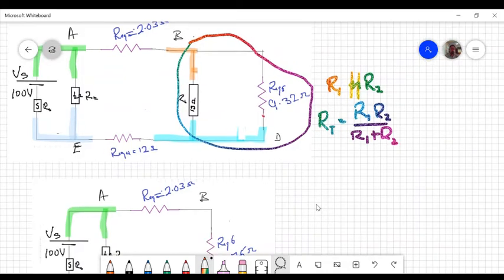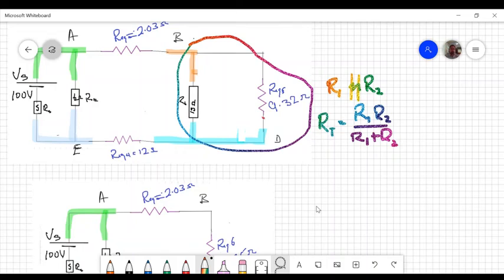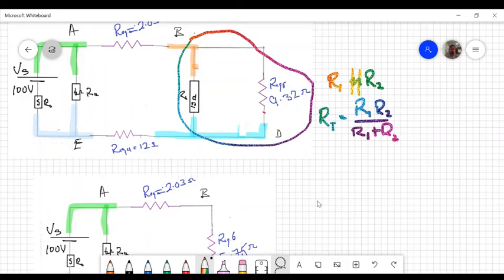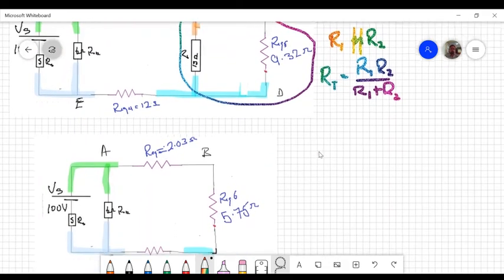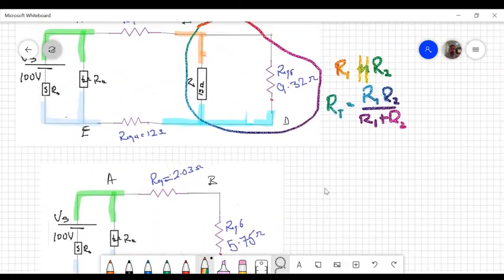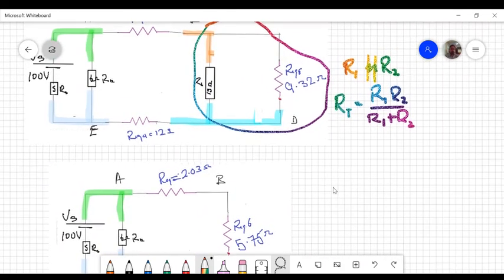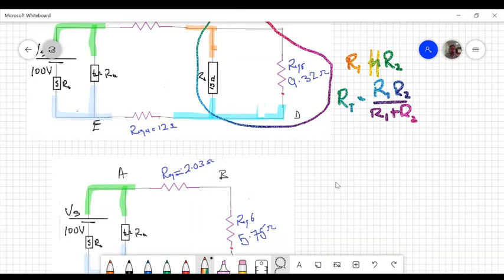We combined the 15 ohm resistor and 9.32 using the parallel rule, or you can use a shortcut, product over sum. That's a useful shortcut. It only works when you have two resistors, bear in mind. And we replace R6 and REQ5 with 5.75. When you do the calculation, that's what you'll get.